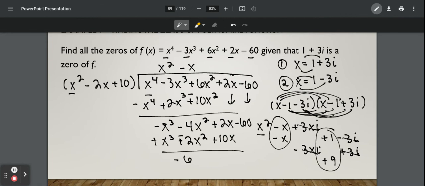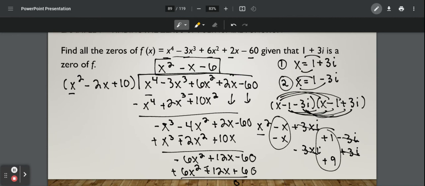So then I get minus 6x squared plus 12x minus 60. And that means I have to multiply by negative 6. And if I do that, I get negative 6x squared plus 12x minus 60. So when I subtract, I get that remainder of 0. So my other quadratic factor is x squared minus x minus 6, which I could factor into x minus 3, x plus 2.